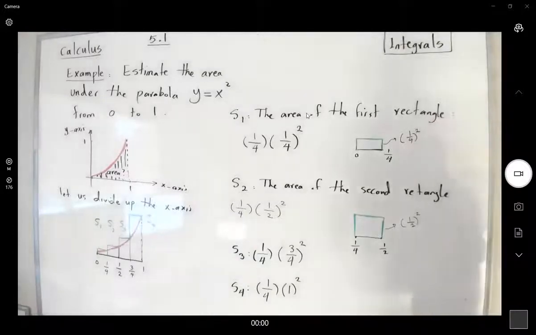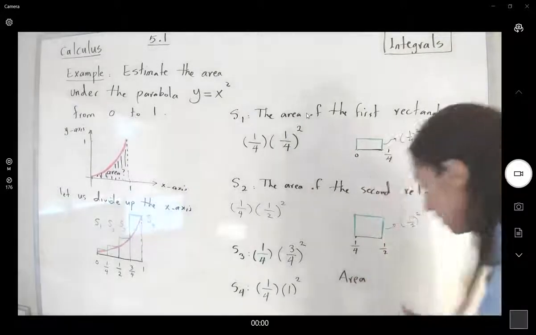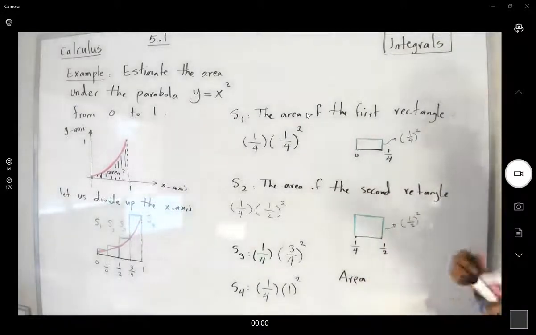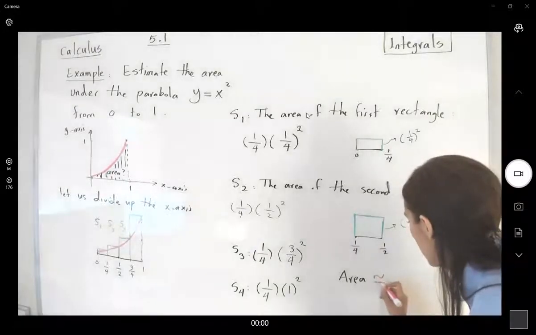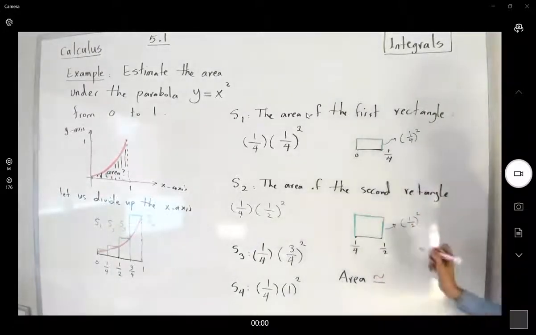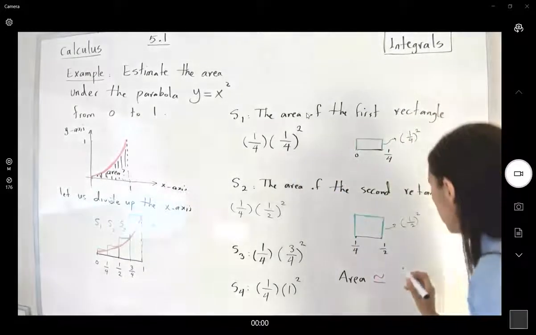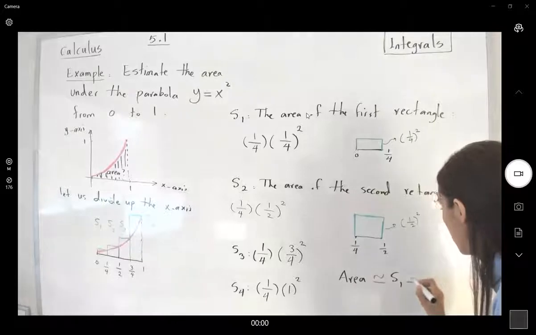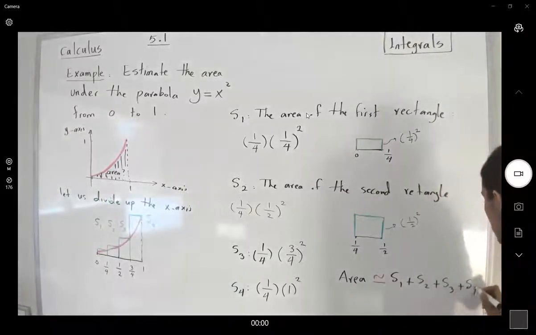Okay, so the area is now approximated. So for approximation, instead of using equality, we're going to use this symbol, a double tilde. It's going to be the sum of S1 plus S2 plus S3 plus S4.